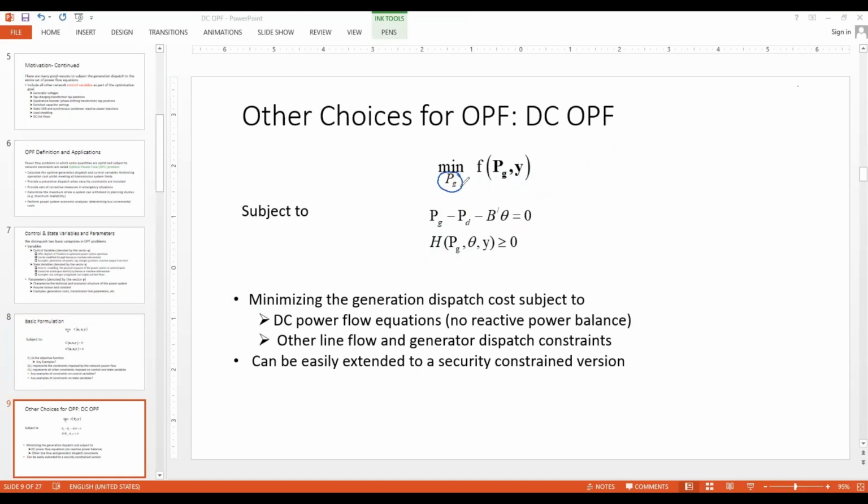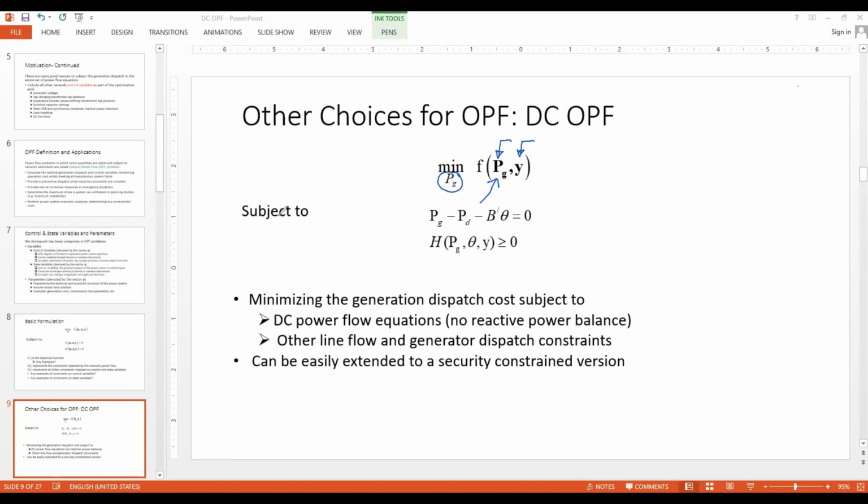Okay, so the PG is our decision variable here. And the objective function now becomes a function of the vector PG and some constant parameters. There are no state variables directly. Or in other words, you can say the state variables and the control variables are merged together as a set PG.